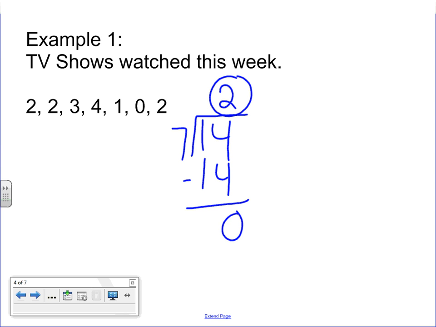So the mean is 2. Look at the data set. Are there some numbers that are more than 2? Yep. Are there some numbers that are less than 2? Yes. There are some numbers that are exactly 2. 2 is the average. You could say that on average, each day, you watched approximately 2 television shows.